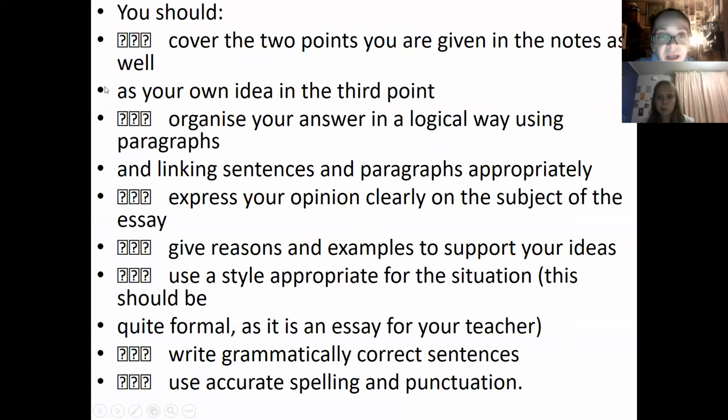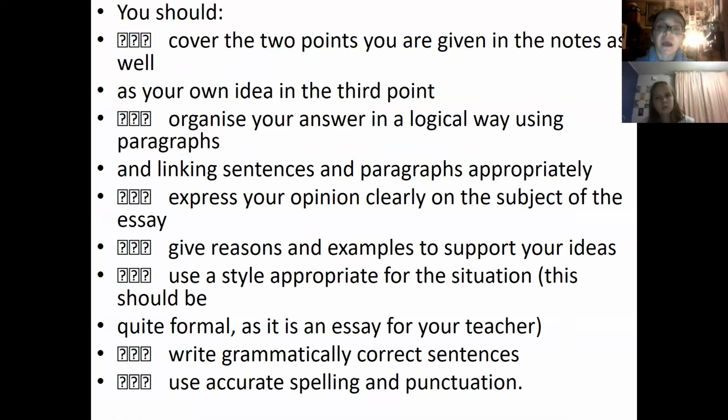So first, what should you do in an essay? You should cover both points you're given in the notes, and your third point. Of course, you should organize your answer in clear paragraphs.